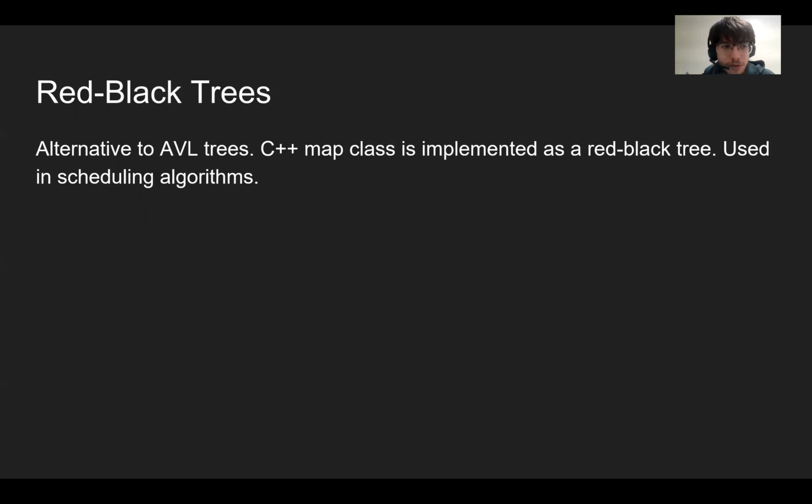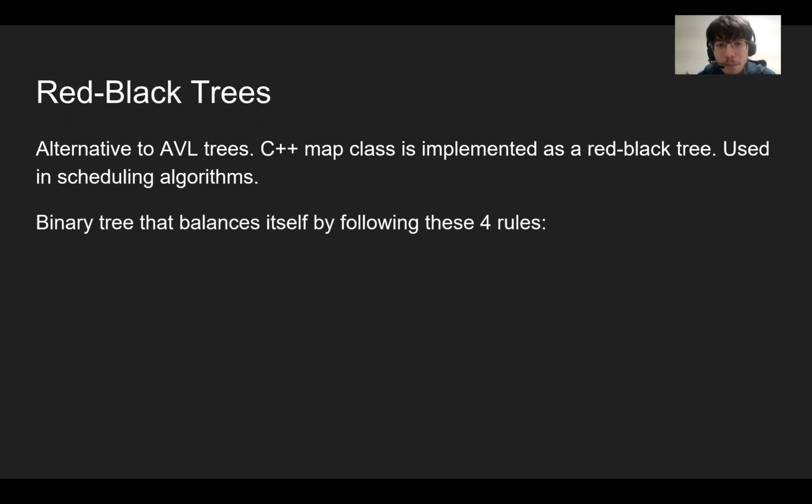I think Java's TreeMap uses them too, because C++ map is a sorted map, and the same thing is true for Java TreeMap. But okay, for red black trees, yeah, they're really useful. And in practice, they're a little bit faster than AVL trees, but AVL trees and them are both log n for all insertion, deletion, and search.